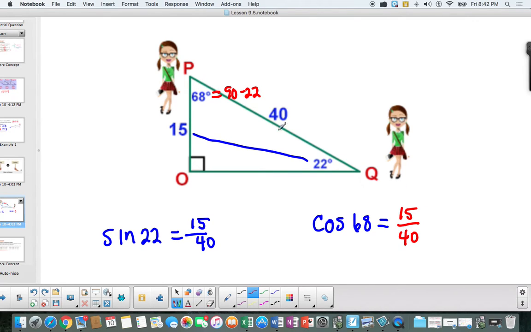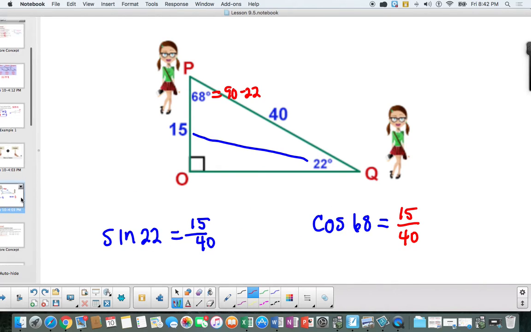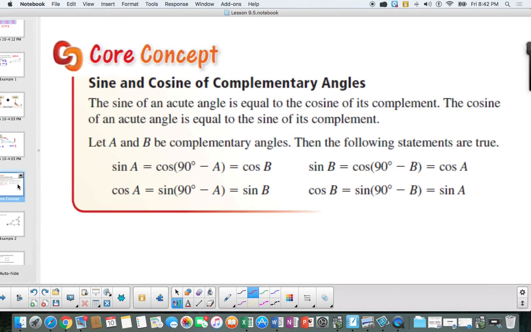So using these two acute angles and finding the sine of one and the cosine of the other will yield the same sides. This is called sine and cosine of complementary angles. When A and B are complementary angles, the sine of A is equal to the cosine of B, and the cosine of A is equal to the sine of B.